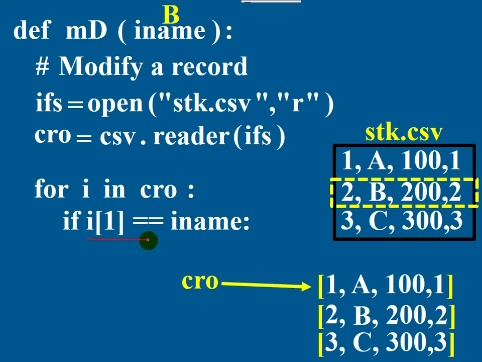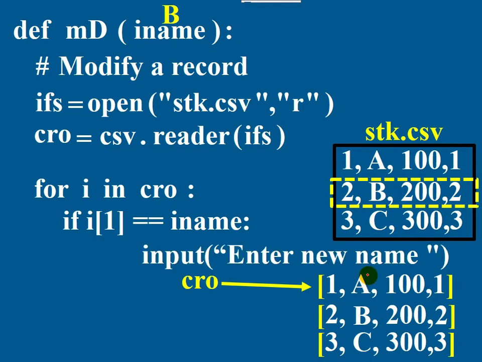So if i[1] equals iname, meaning this is the row to be modified, here the new item name should be inserted. First the new item name should be entered from the keyboard and that should be inserted at this place, which means i[1] equals the new item name. Otherwise you don't have to do anything.